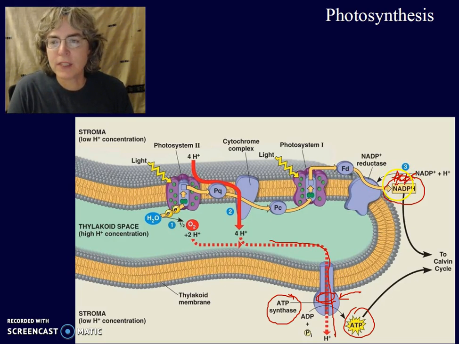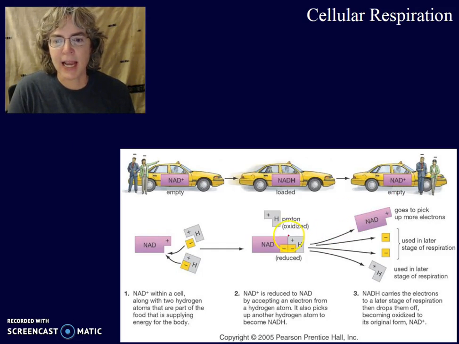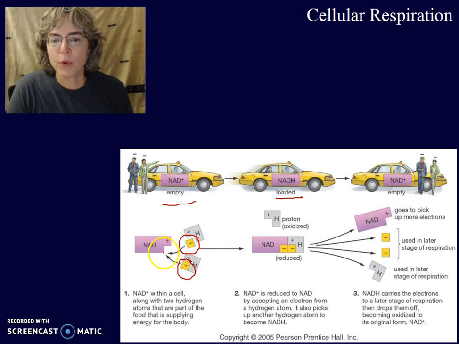So we've seen a high energy electron carrier before. What we've seen before in cellular respiration is NAD plus and NADH. And so our high energy electrons were put into NAD plus, similar to like a taxi, to become NADH.